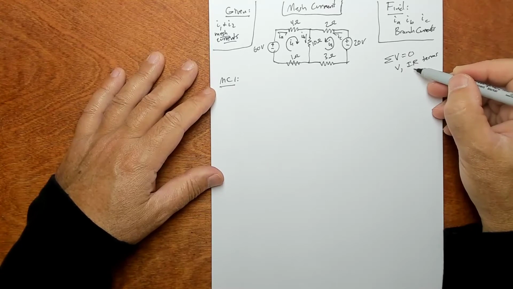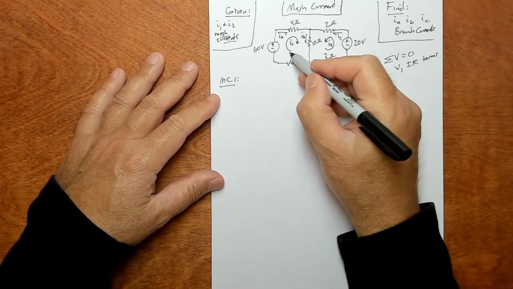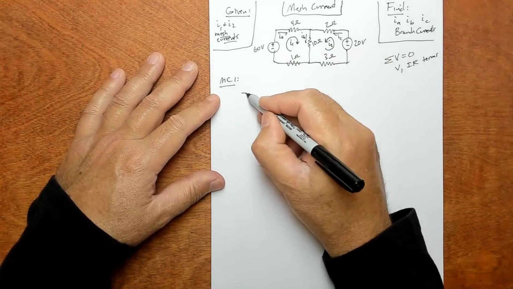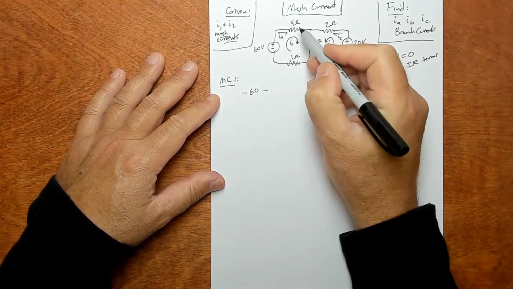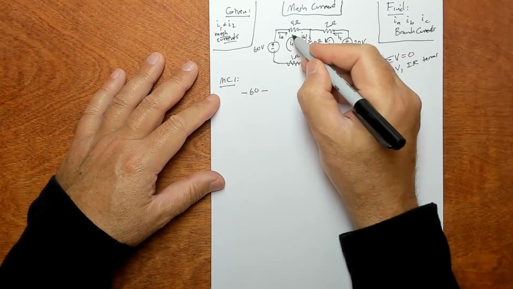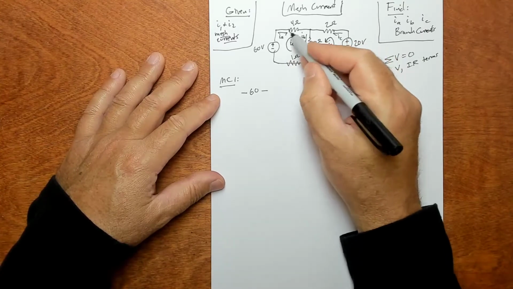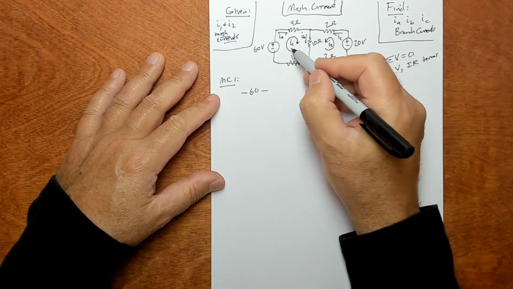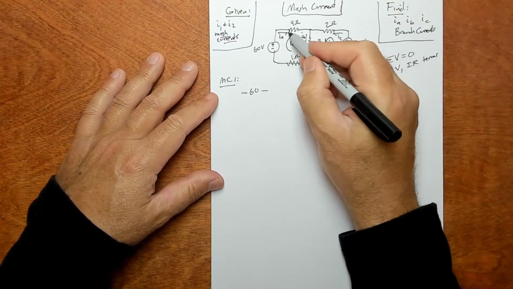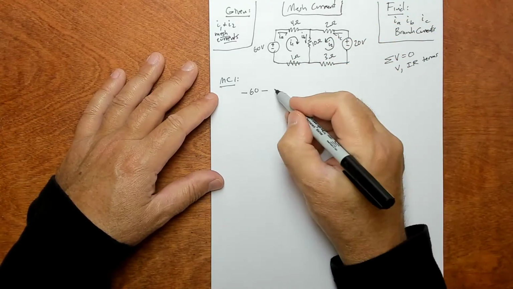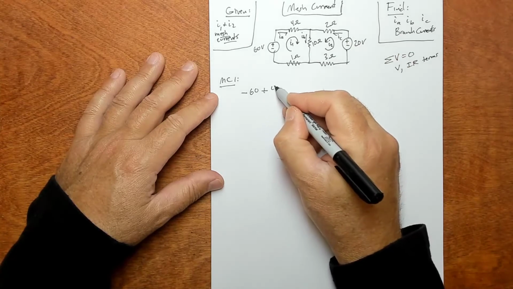Other times we'll use IR terms if we don't have the V term directly. So go around this guy, come in the negative sign, so it's negative 60. Okay, then typically the resistances are going to be positive voltage terms because they resist the mesh current. So there's really no reason to write the plus minus plus minus. You can just write these guys directly.